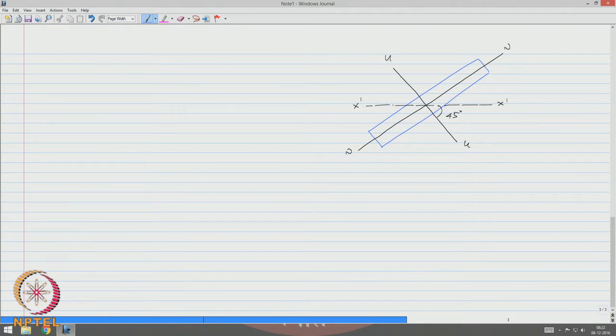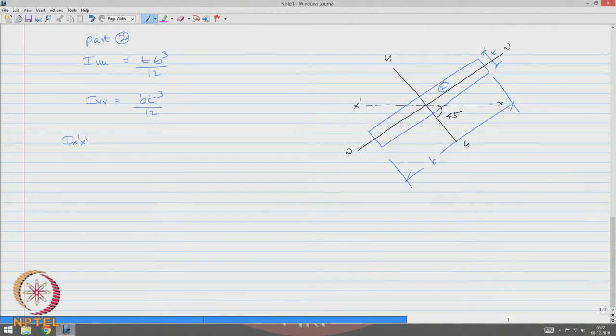So, we know now the dimensions: this dimension is B and this thickness is T. Therefore, IUU of part 2, this is part 2, IUU is T B cube by 12 and IVV is B T cube by 12.